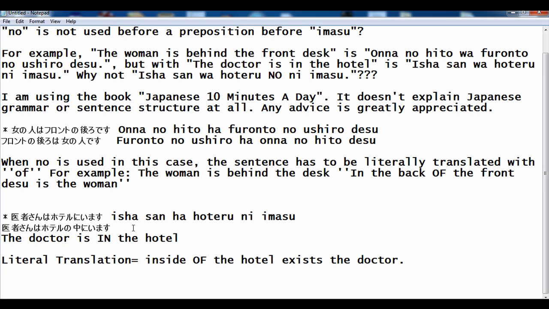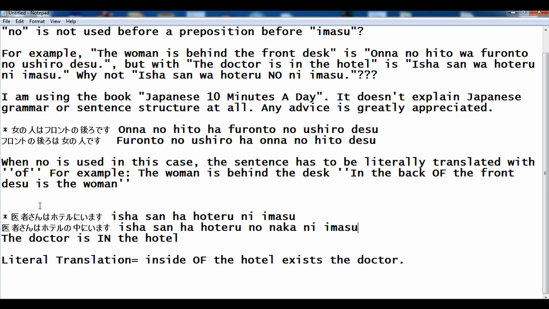Okay. Now we have inside. So you need, inside of what? Let's look at the sentence I made. Isha-san wa hoteru no naka ni imasu.